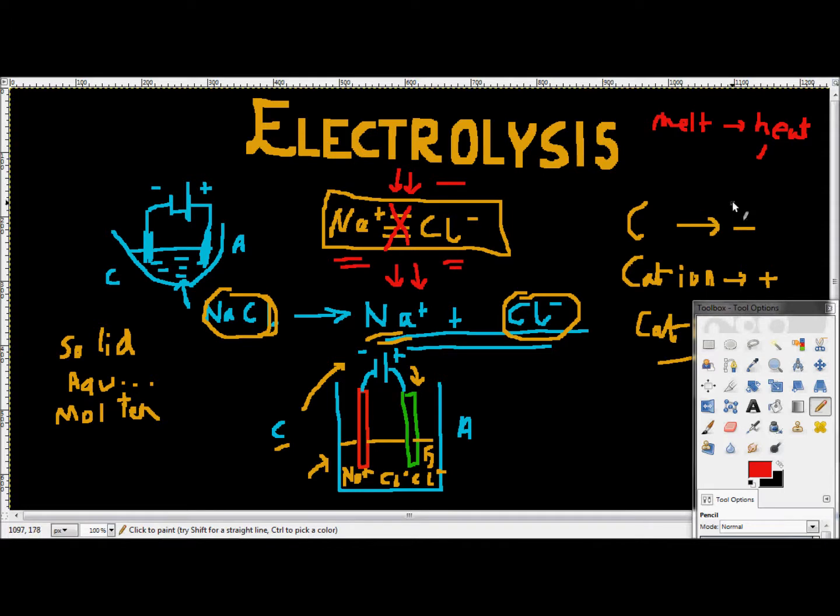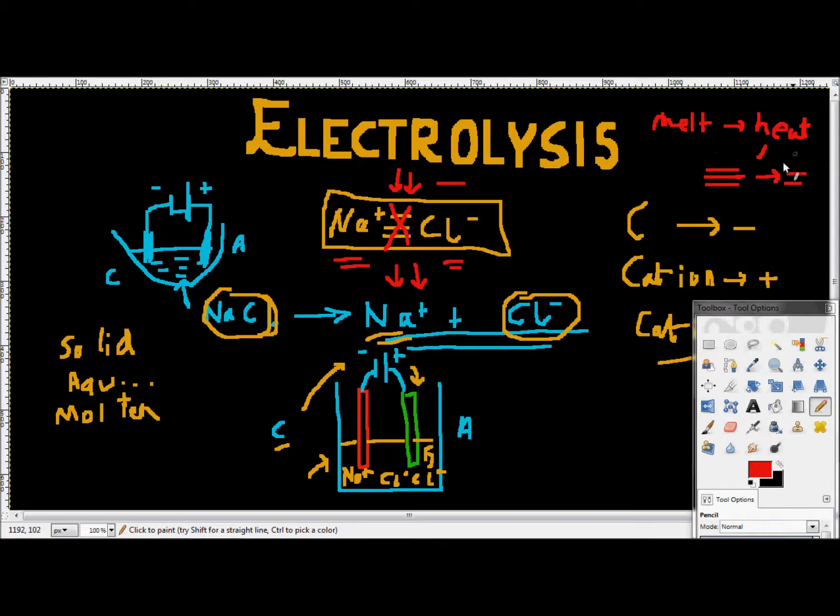When you do that, this bond between sodium and chlorine weakens. It doesn't break up completely, but it weakens. If this is a bond, it perhaps becomes something like just this, just a representation. Doesn't mean anything.